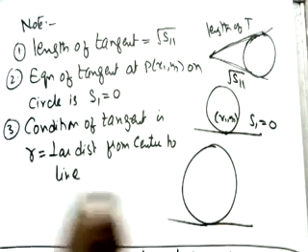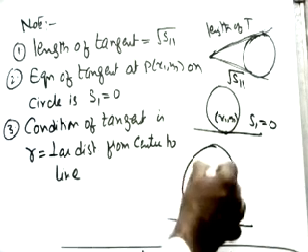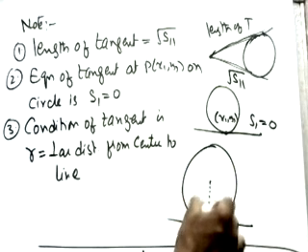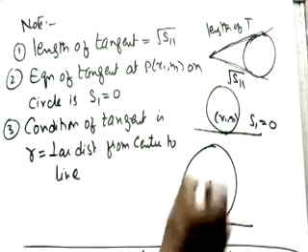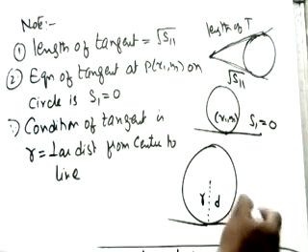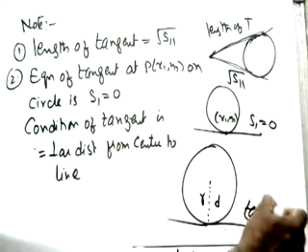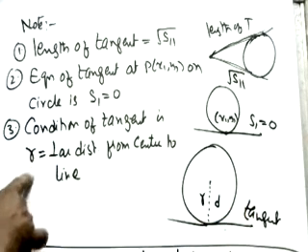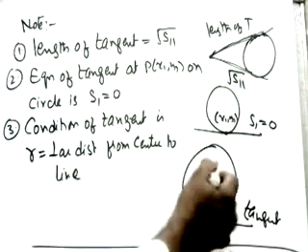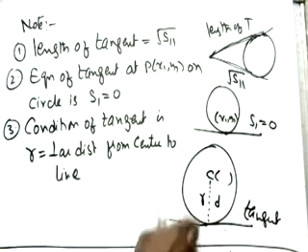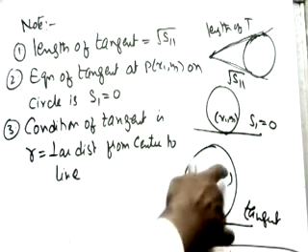Suppose we are having a circle and a line touches, meaning tangent. So what is the condition? This is the perpendicular distance, and this will be equal to the radius of the circle. So the condition of tangent is radius equals the perpendicular distance from center to the line.